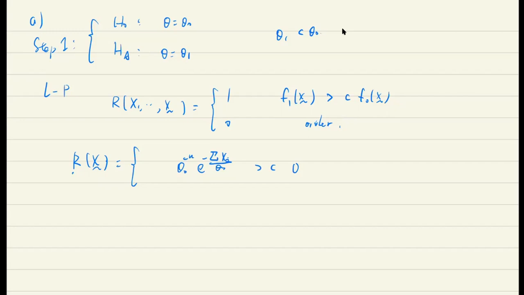So the C star we can define as G n alpha, which is the alpha quantile of the gamma.